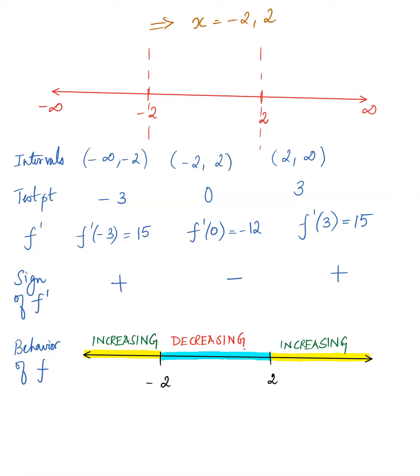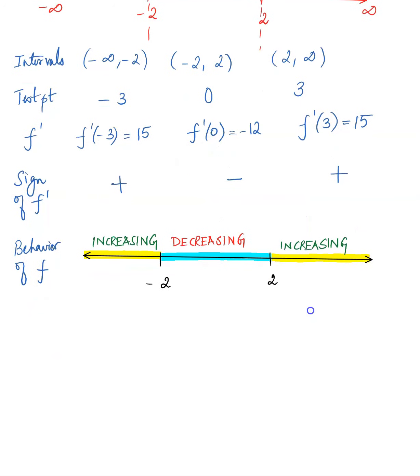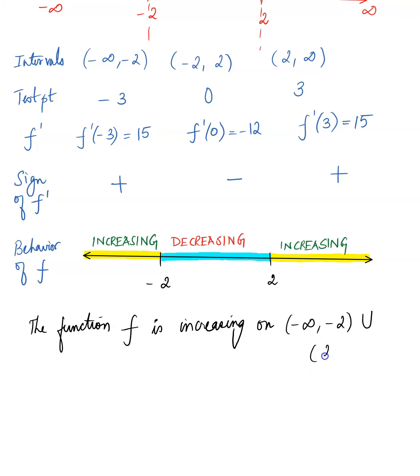So this is a graphical representation, but if they wanted you to give the intervals specifically, this is how we will write it. Say the function f is increasing on -infinity to -2 union 2 to infinity, because you have the two intervals with a gap in between.